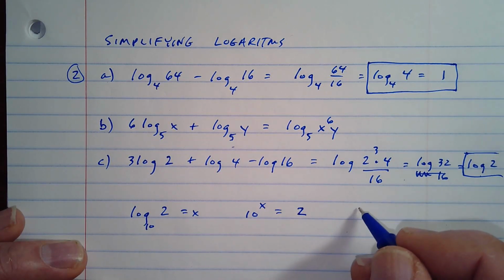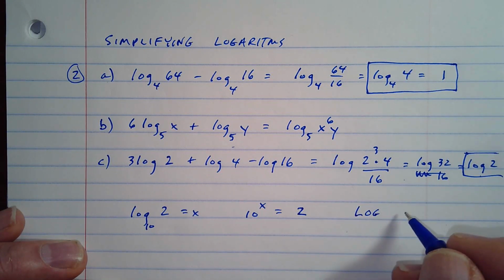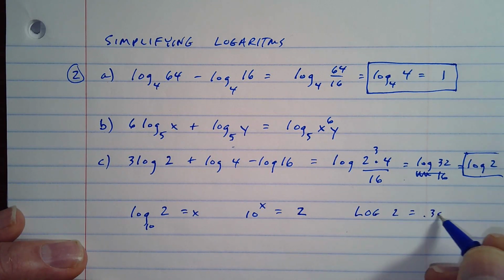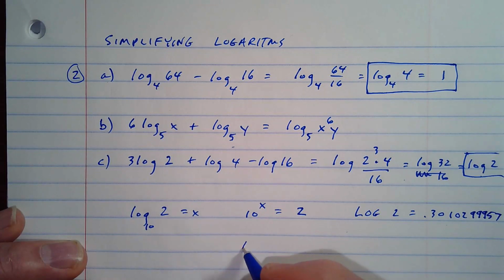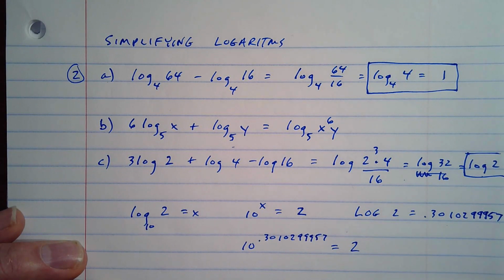So if you do that on your calculator, you hit that log button, that's the base 10 of 2, you get a number like 0.301029997. What that's saying is 10 to that 0.301029997 equals 2. And if you type that into your calculator, you will see that that indeed is the case.